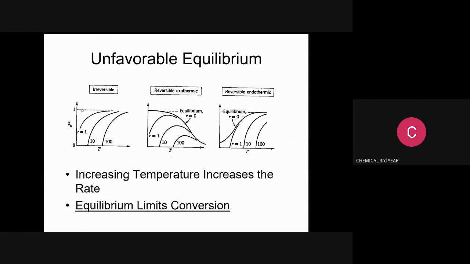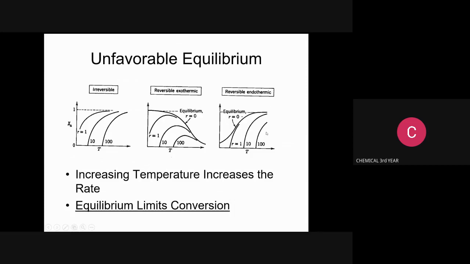Till now we are discussing the basic negatives of reactor design. What will happen with unfavorable equilibriums? One is reversible exothermic, and the other is reversible endothermic. As you already know, XA is the conversion and T is the temperature.